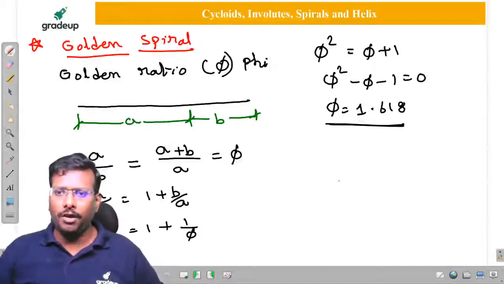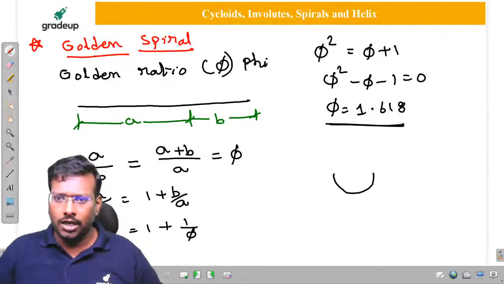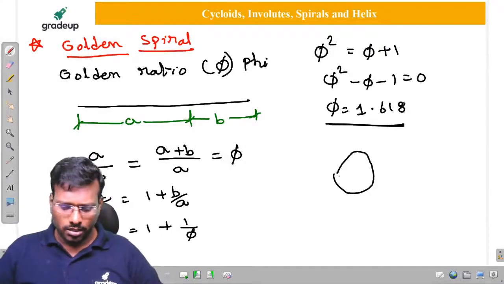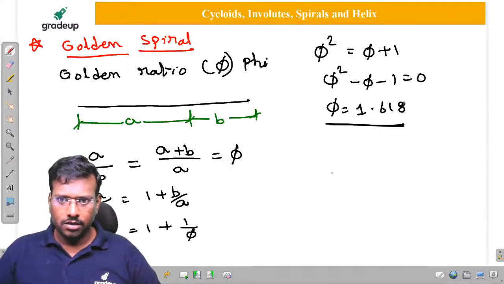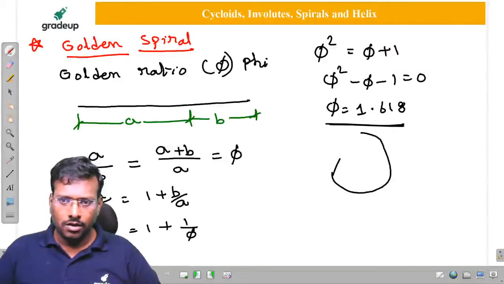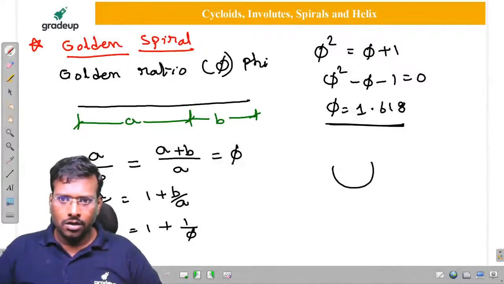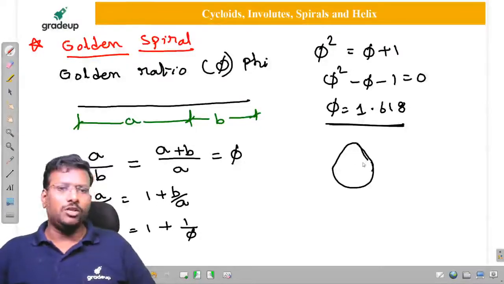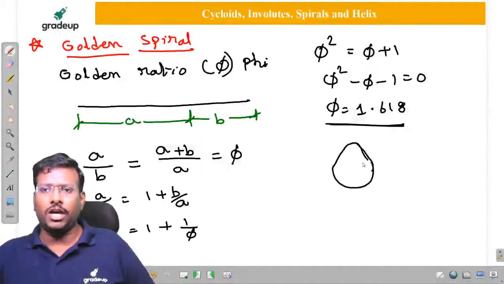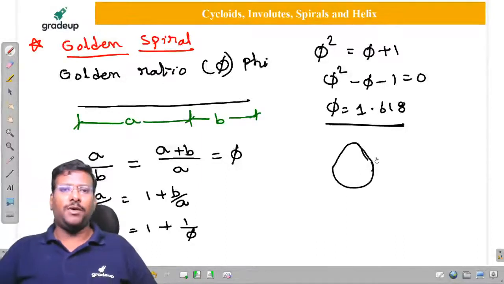Now, how many people are aware of this particular thing? What is this shape? Just tell me, because you are already aware of it. Every day we are observing this. What is the shape of it?